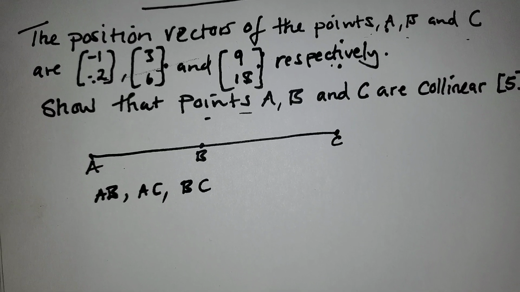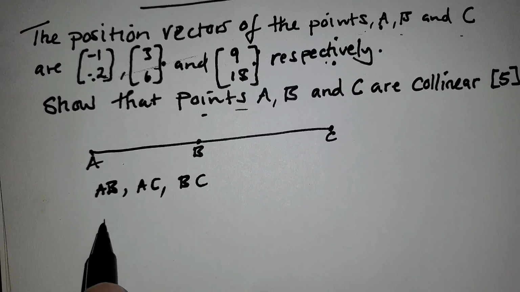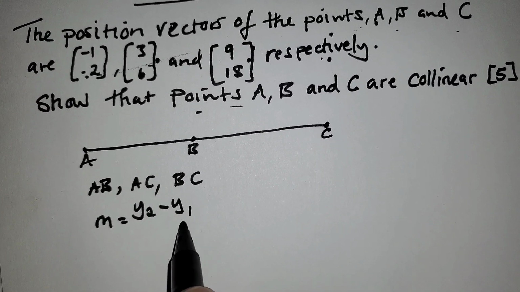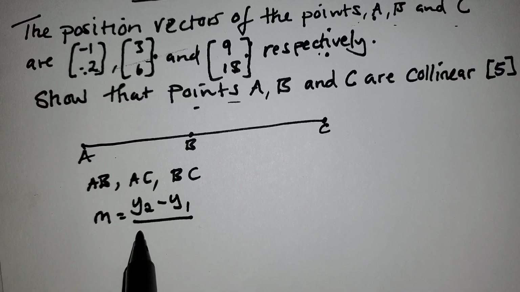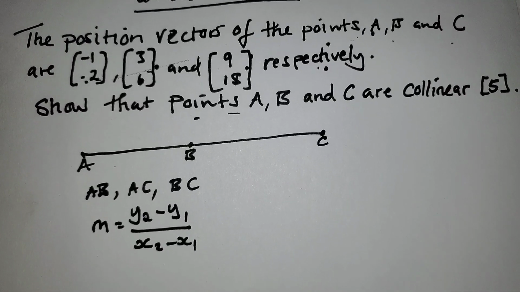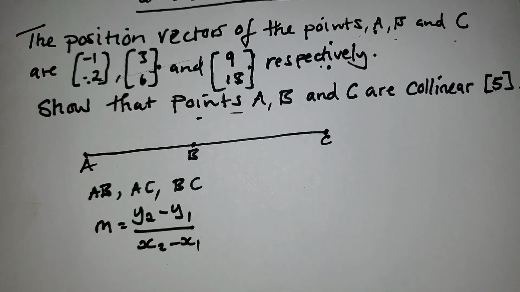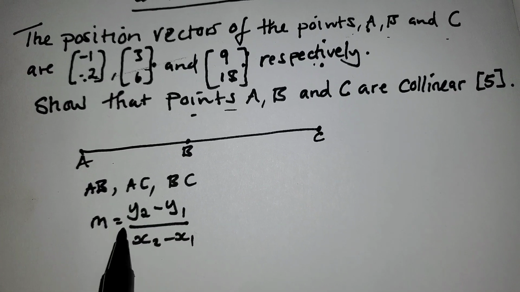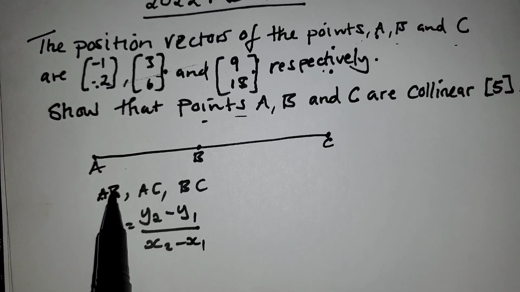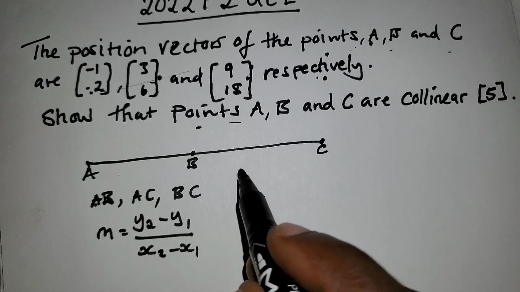Now the formula for gradient is m equals y2 minus y1 over x2 minus x1. Here we want to find the gradient between A and B. Let's just write the points in the form of coordinates.